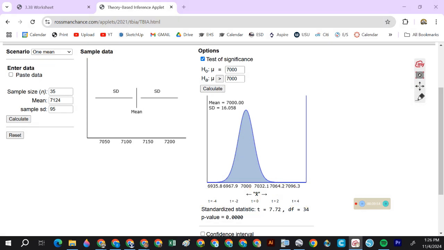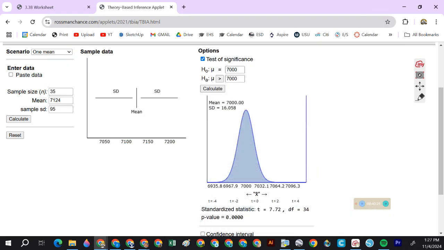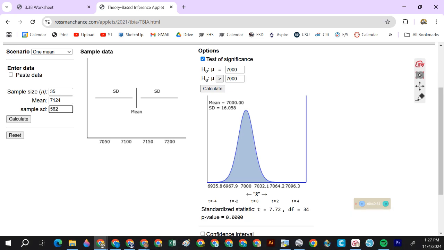Okay, so look at this. What did I do wrong? I've done something horribly wrong. Or either that or I calculated this wrong. So, oh, 562, that's why. $562.